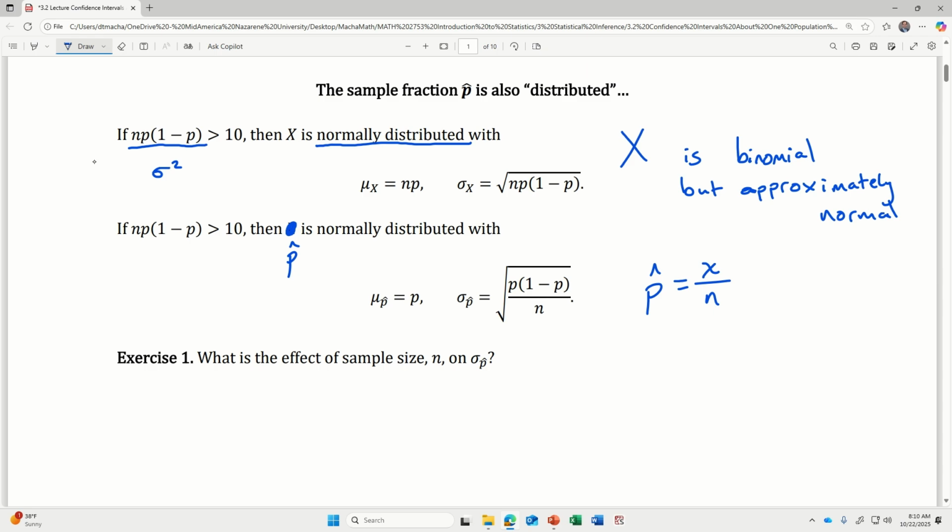So we talked about this, and I think this was the last thing we talked about last time. What is the effect of the sample size on the standard deviation of my sample fraction? Do you remember what we said?